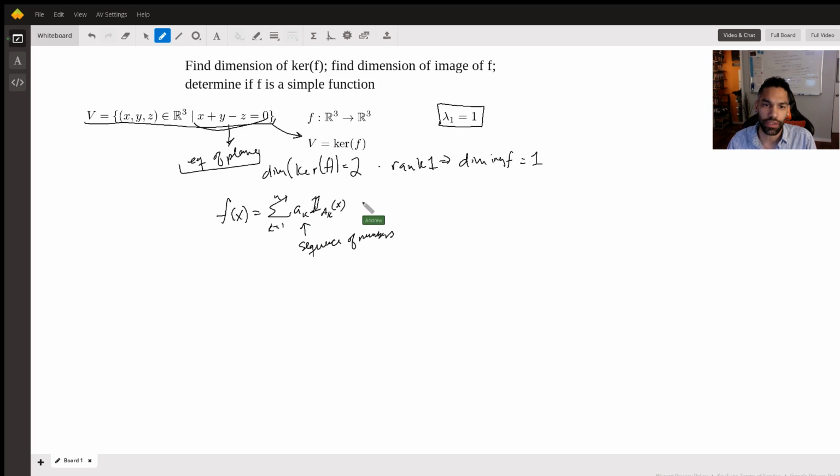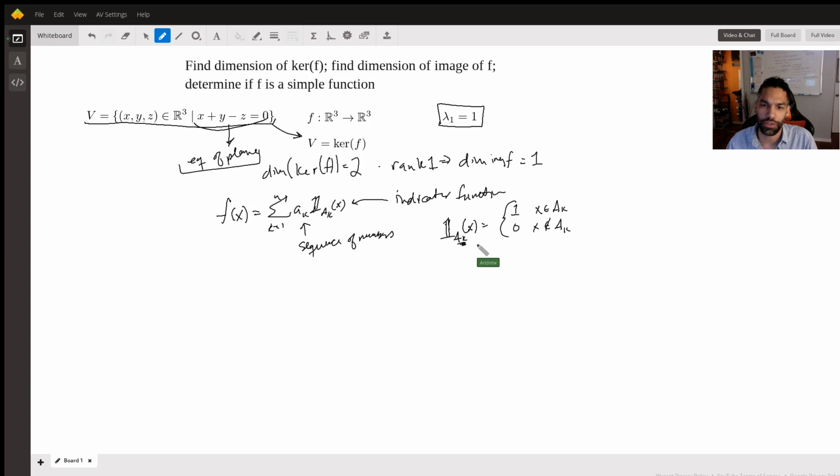This little thing is our indicator function, which is defined as 1 if x is in A_k, and 0 if x is not in A_k.